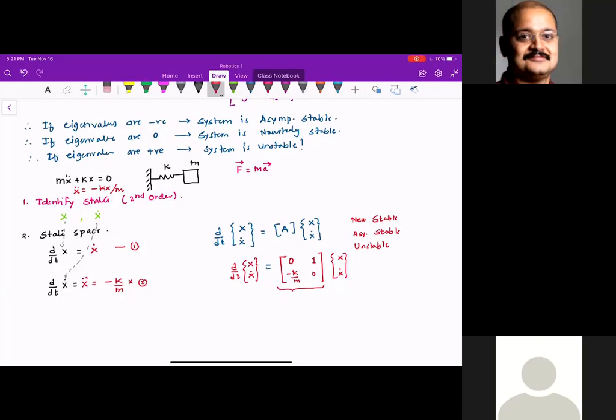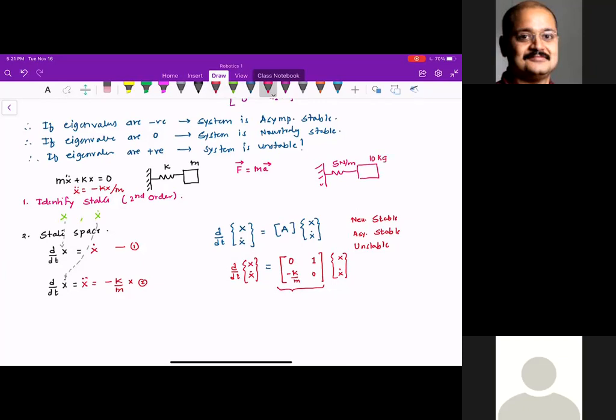Yes. How do we know where to place the values in the matrix? So I give you an example. You have a spring of 5 Newton per meter stiffness, and you have a mass which is 10 kilogram.